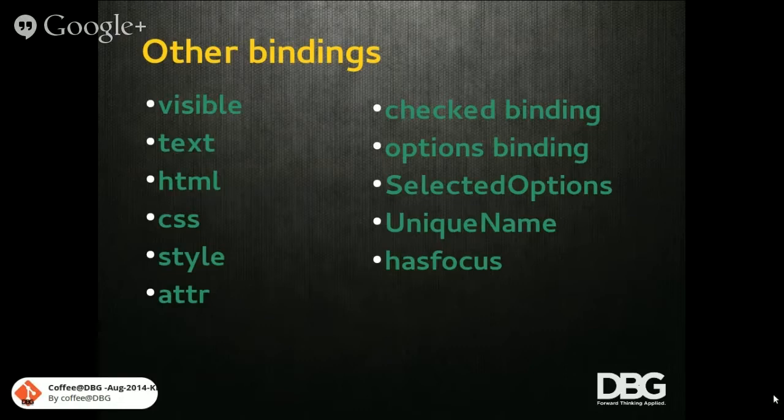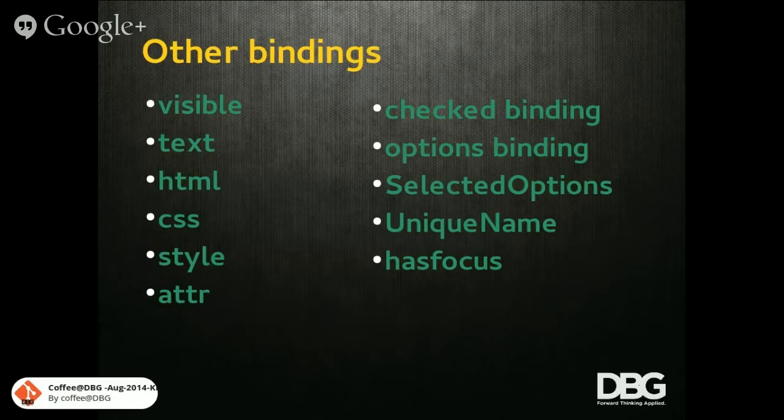As we said, apart from text binding, we can also have many other bindings like visible binding. It's a conditional on whether the particular element is visible or not. We already know the use of text binding, and I said earlier that rather than binding the text, we can also bind a UI element to JSON HTML markup.